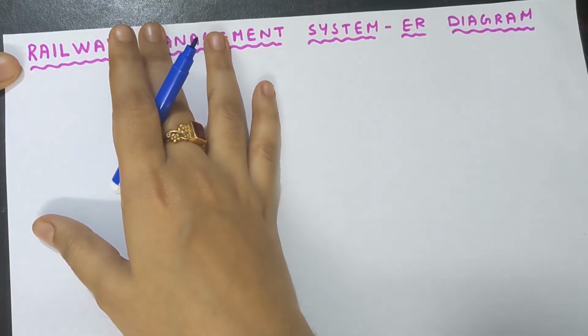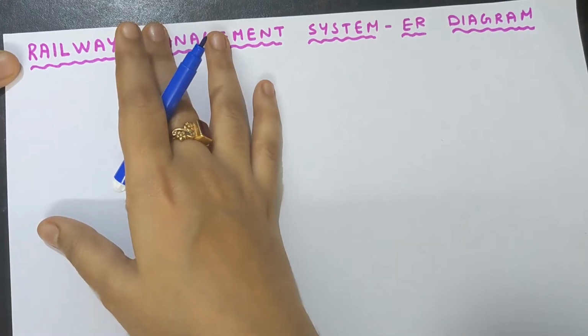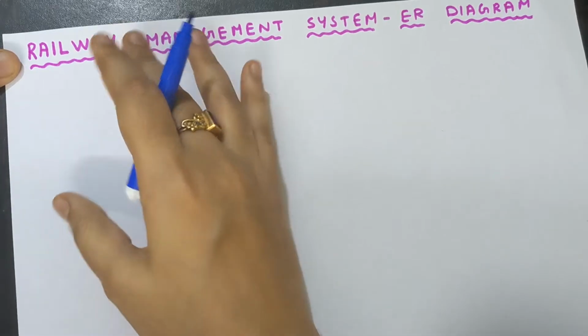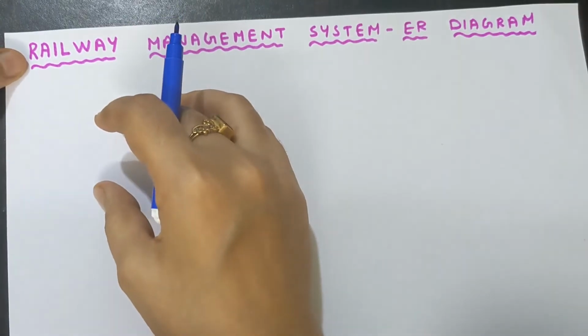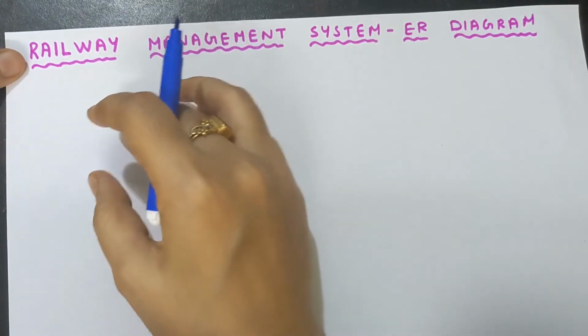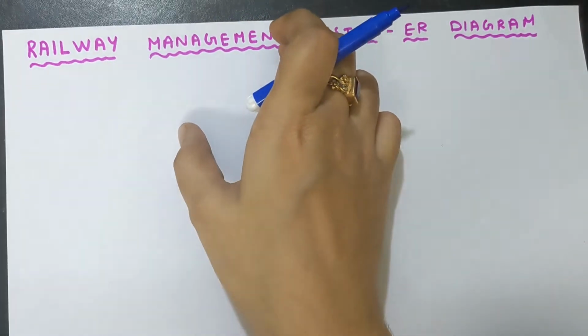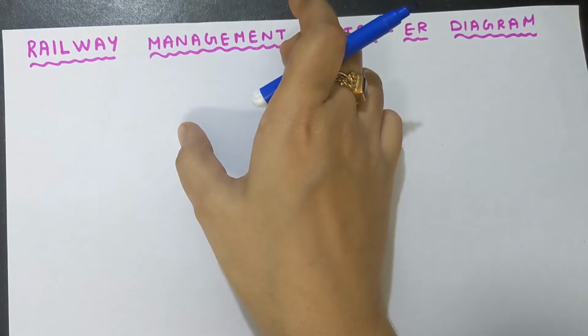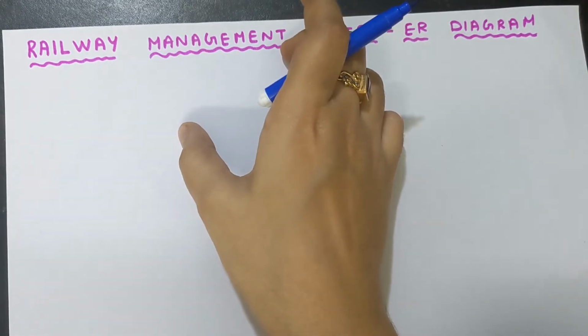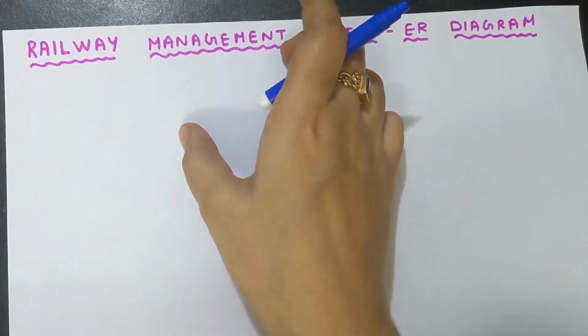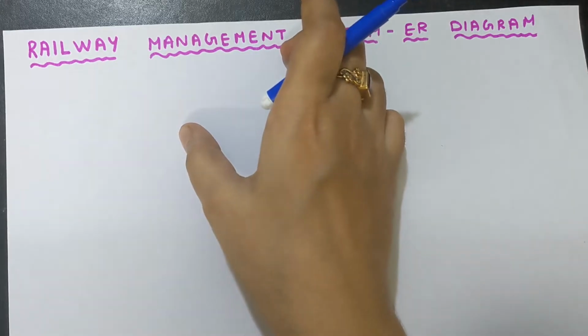And there will be a route in which the train has to go from one place to another place. So all these can be called an entity because they are all related to the topic Railway Management System. So we learned that entity is what? An object with physical existence or conceptual existence. So first let us draw the entities and then let's find why it is an entity.